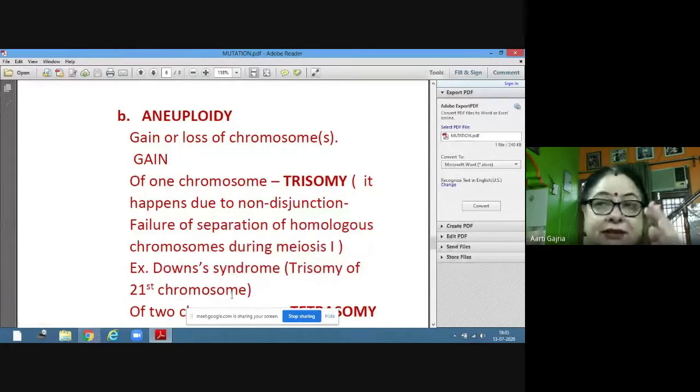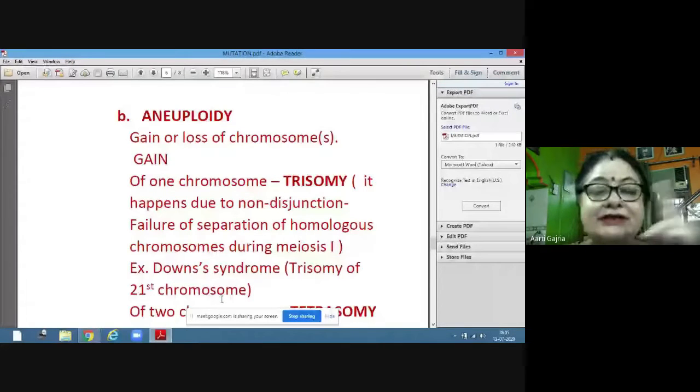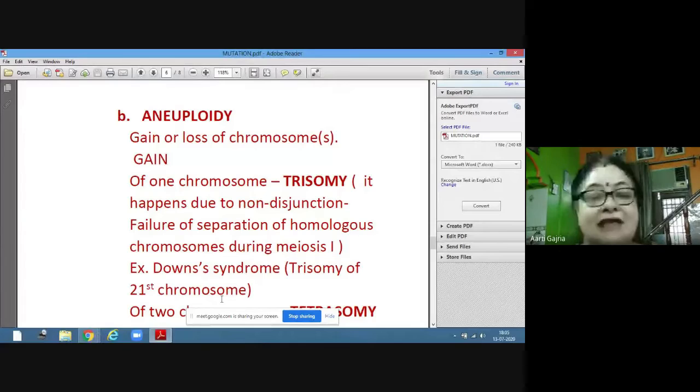That means three copies of the 21st chromosome are present. Normally there should be two, but with three, that results in Down syndrome.